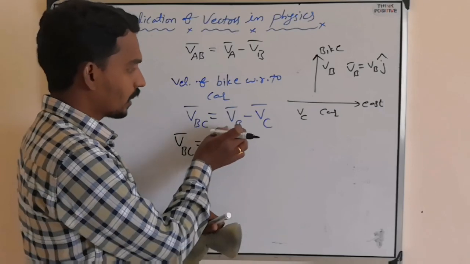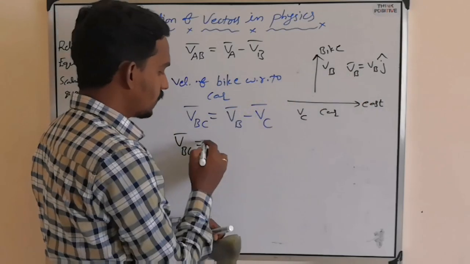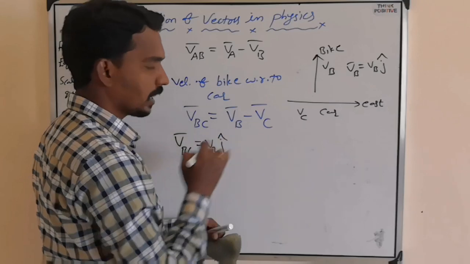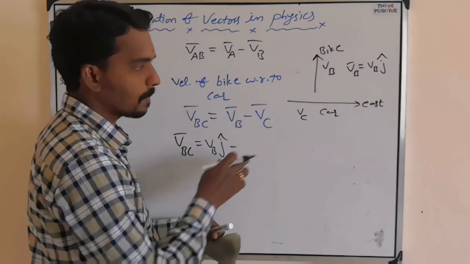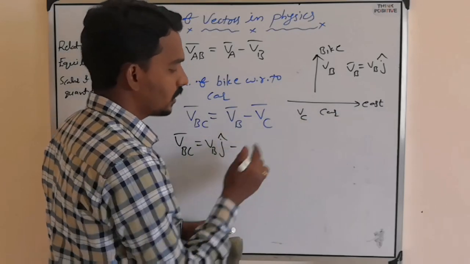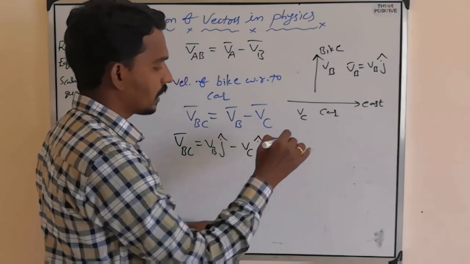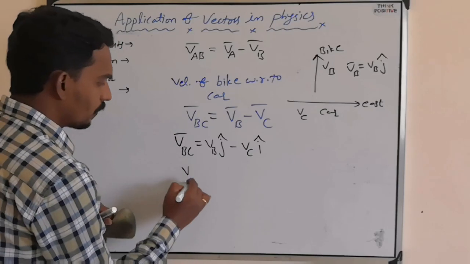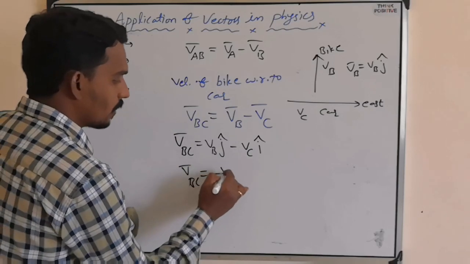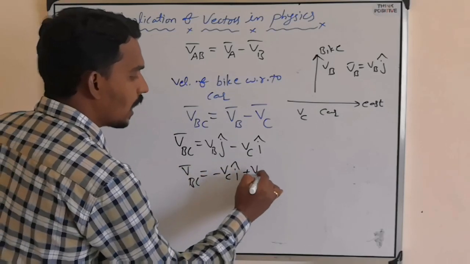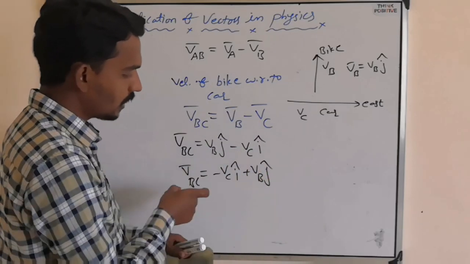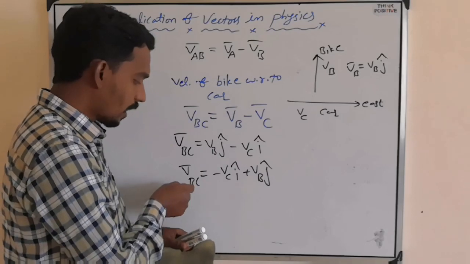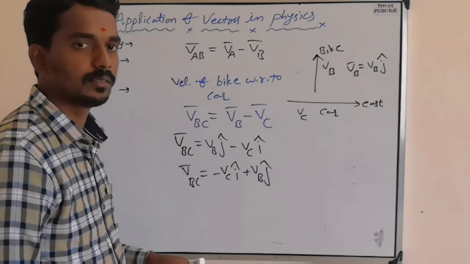Similarly, VB bar is VB J cap. Now minus VC bar. VC bar is towards east, so VC I cap. So VBC is minus VC I cap plus VB J cap. This is the relative velocity of the bike with respect to the car.